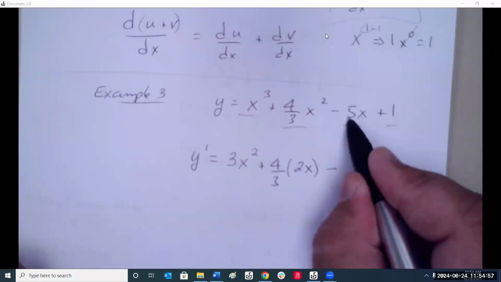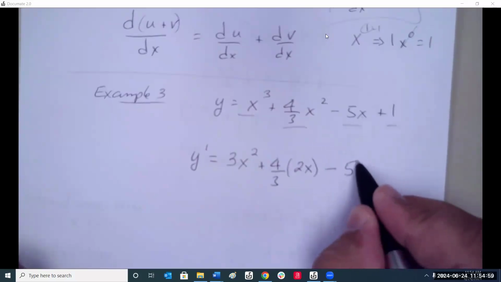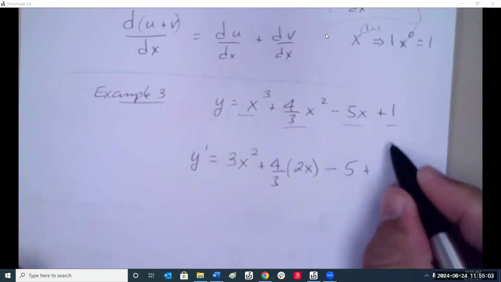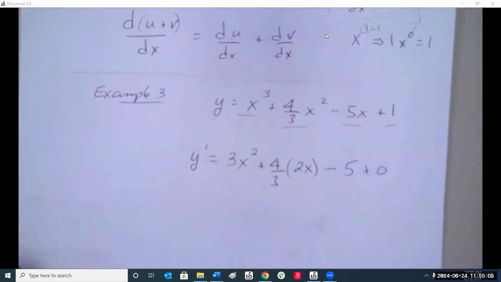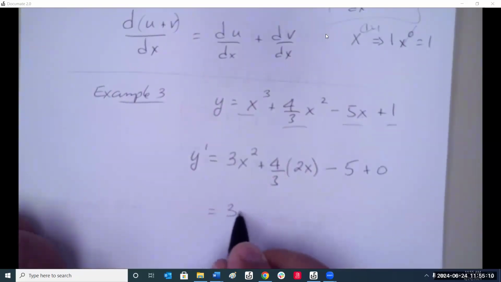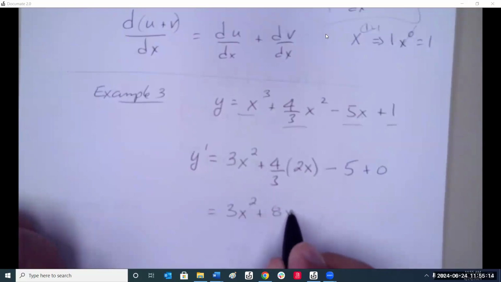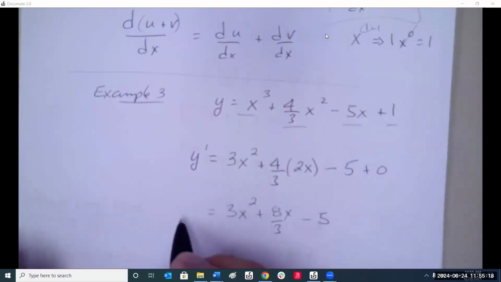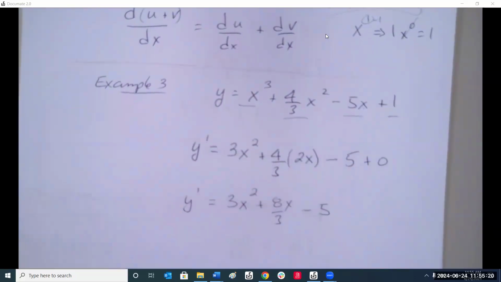So the derivative of 5x would be 5. And the derivative of a constant is 0. Three x squared plus 8x over 3 minus 5. That's the derivative of that function.